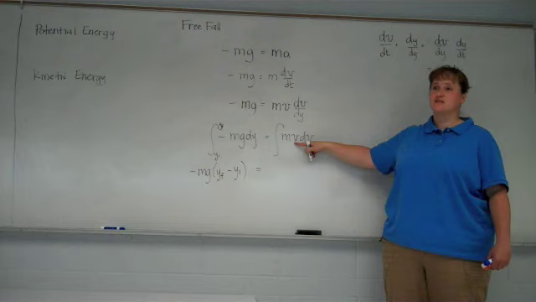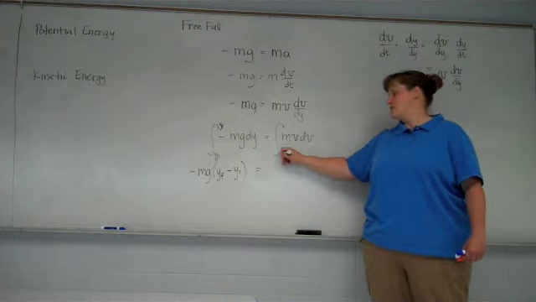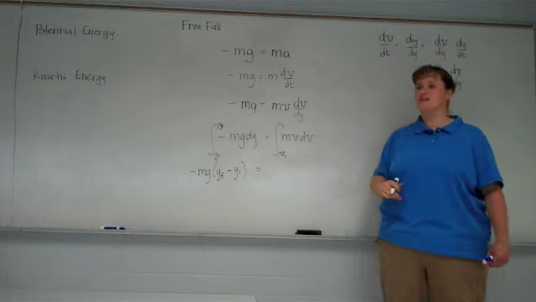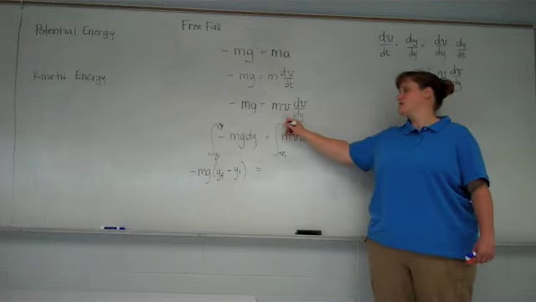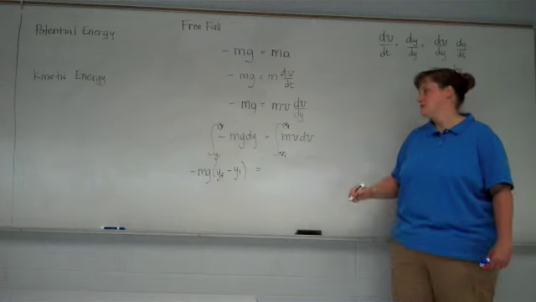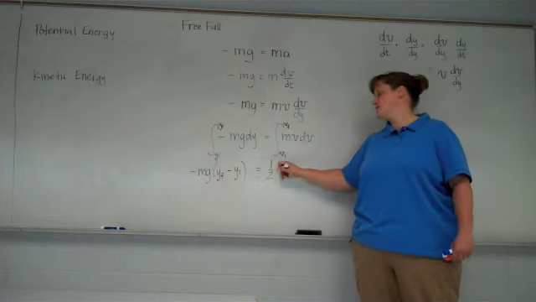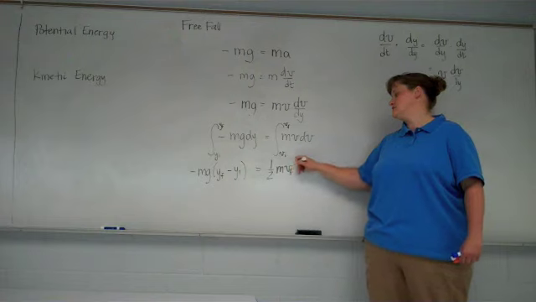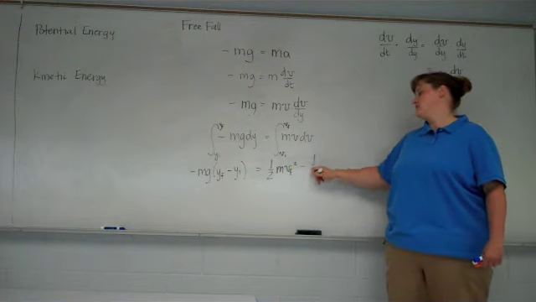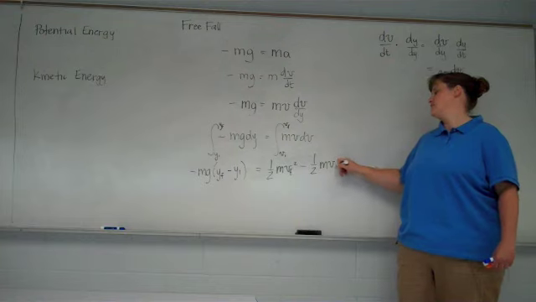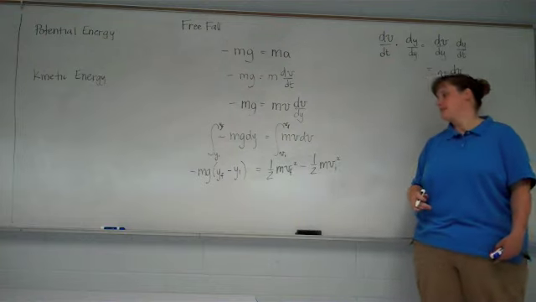I have v here, so integral of v, with v being my variable, is going to be v squared over 2. My limits need to be some initial speed to some final speed. So we get 1/2 mv final squared minus 1/2 mv initial squared.